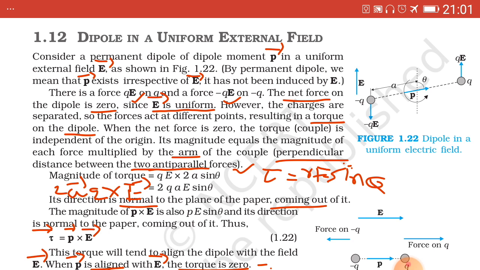Two forces have different lines of action and hence constitute a couple. Due to this couple, a torque acts on the dipole, and the dipole rotates in the clockwise direction.